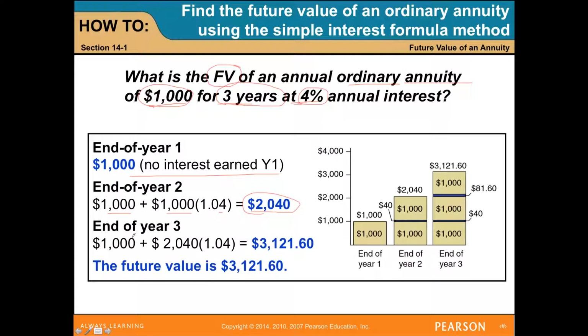End of year 3, we have $1,000 plus end of year 2, which was $2,040, times the 4% equals $3,121.60. So the future value is $3,121.60.